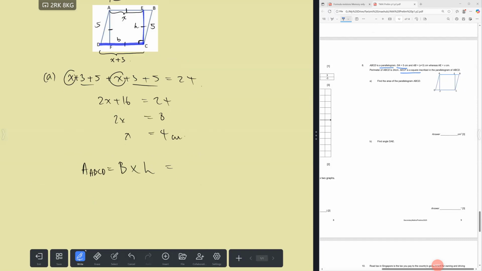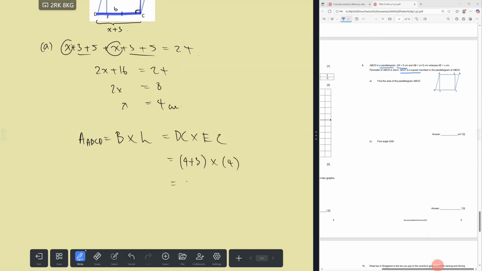So it is DC times EC, very easy. What is DC? We know that this is x plus 3, so it's 4 plus 3 cm, and EC is our x, which is just 4 cm. So you get 7 times 4, it's 28 cm squared.